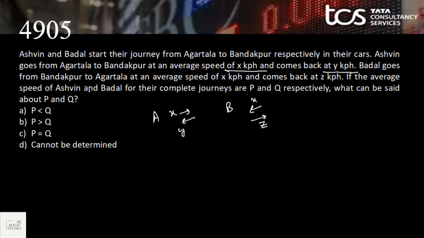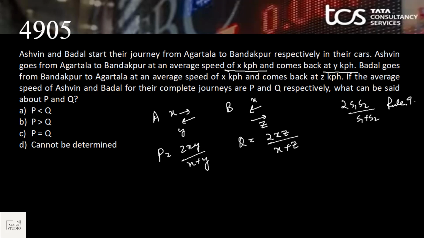If the average speeds of Ashwin and Badal for the complete journey are p and q, then p is 2xy upon x plus y and q is 2xz upon x plus z. If the distance traveled is the same and the two speeds are given, then the average speed is given by 2s1s2 divided by s1 plus s2. Please follow rule 9 again. The link of this rule 9 is in the description.